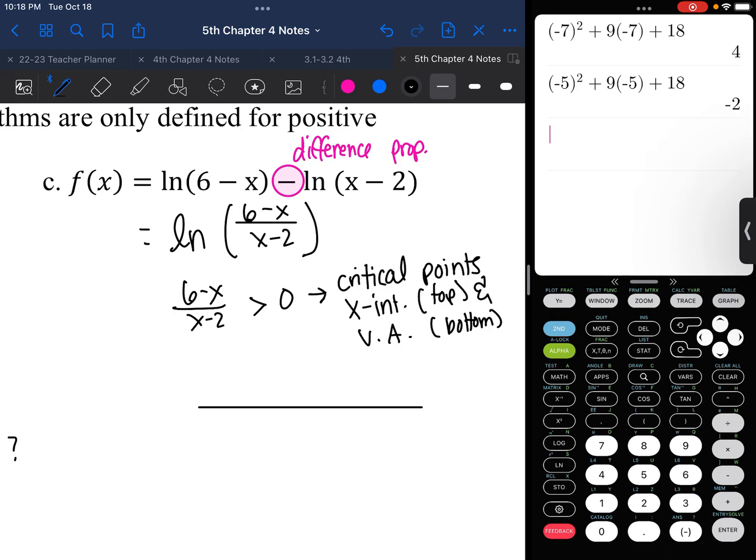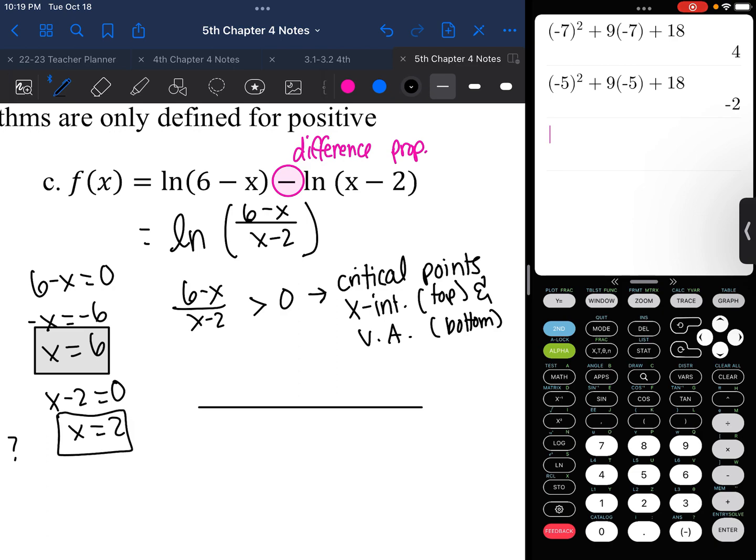So we're going to set 6 minus x equal to 0. So that would be -x equals -6, x equals +6. So that's one of our critical points. And then we would also do x minus 2 equal to 0, and get x equals 2 is another critical point. So we're going to check critical points of 2 and 6.